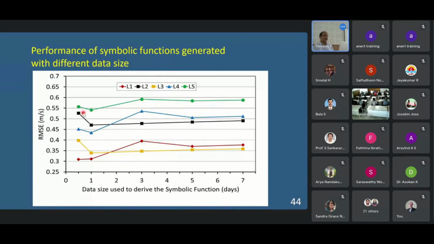Too small a data size is not advisable. 1 day is okay, it is the better one. And if the data size increases, there is no improvement, whereas if it decreases, the error increases. So there's an optimal data size. In my case, 1 day is optimal.